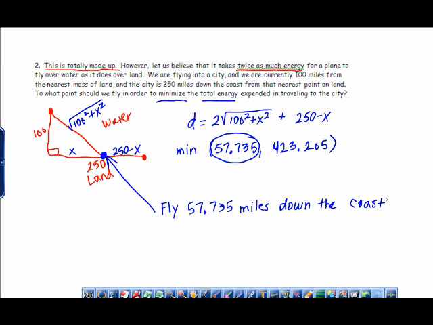I really don't know. Down the coast from the point, and when I'm saying down the coast from the point, you know, directly across.